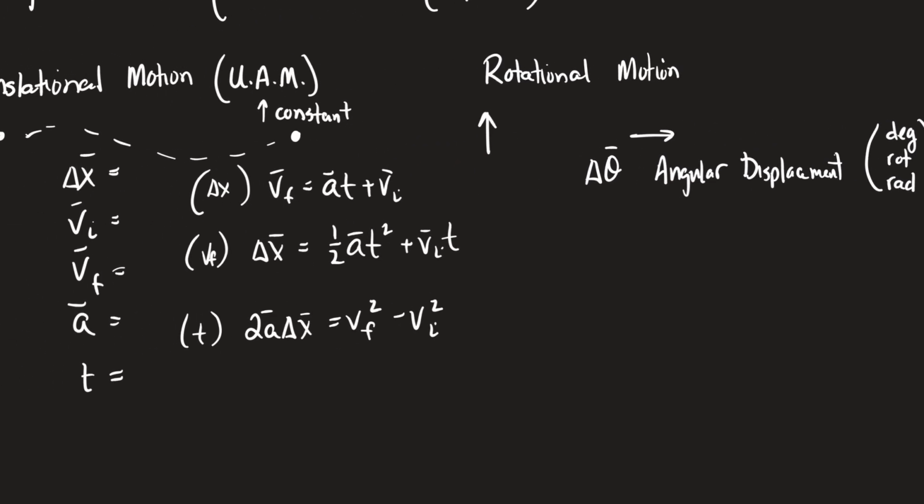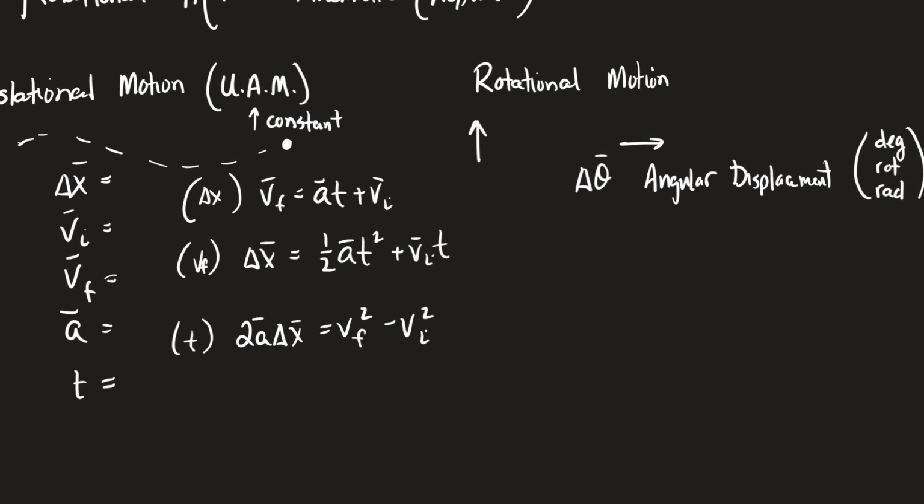Now, you'll notice that because we're dealing with an angle measure, and because traditionally for angles we use theta, physics decided that they're just going to use Greek letters for all of these variables, and that's how you differentiate them from their linear counterparts. So instead of v, we're going to use the Greek version of v, and that's omega.